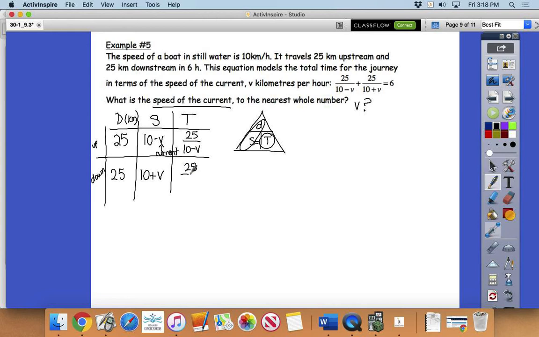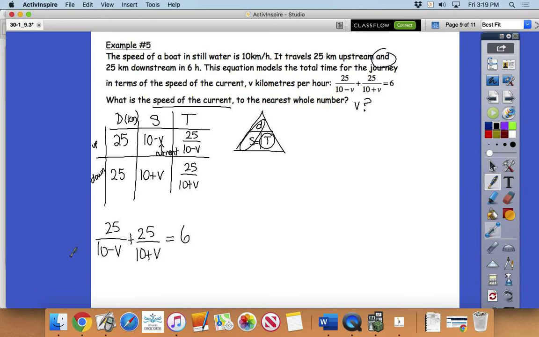And 25 over 10 plus v represents the time it takes to go downstream. They're also telling us that the total, because of the word and, is 6 hours. So we're going to add these two equations. So that's how they got that. They added the two times as rational functions, and they got that they were equal to 6 hours.